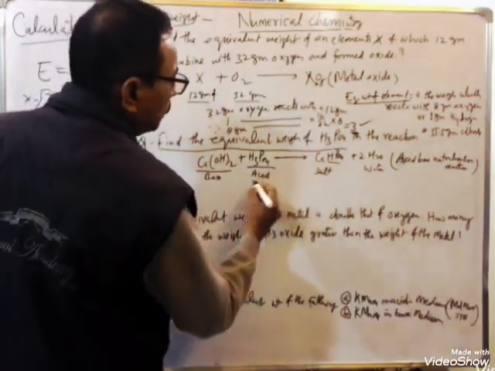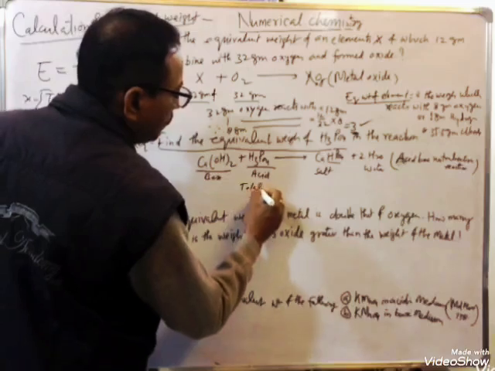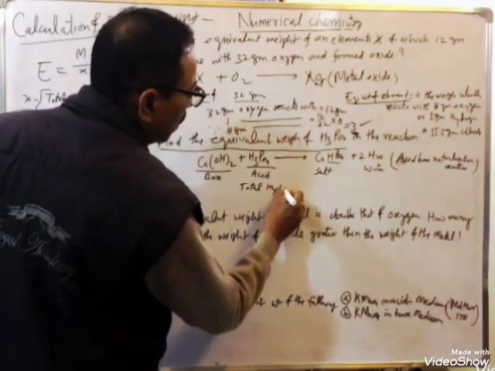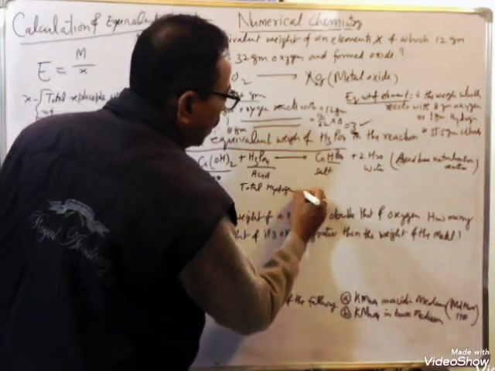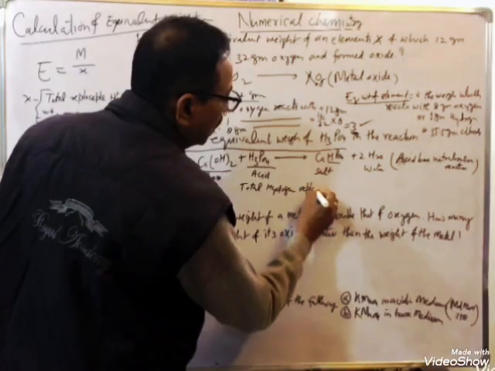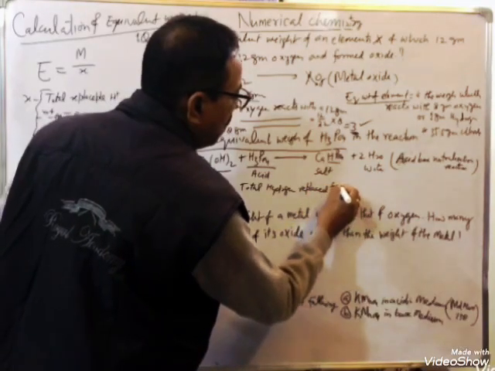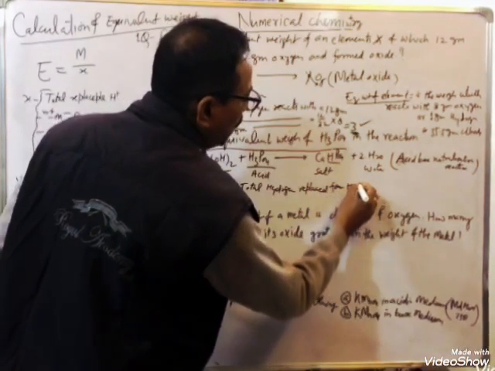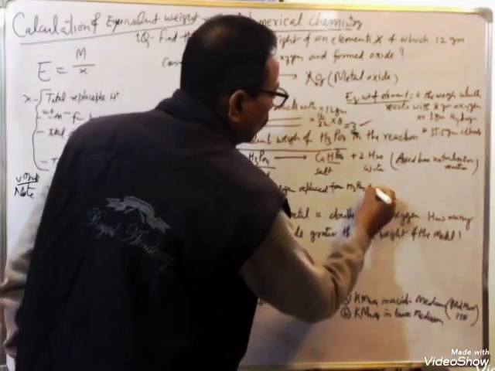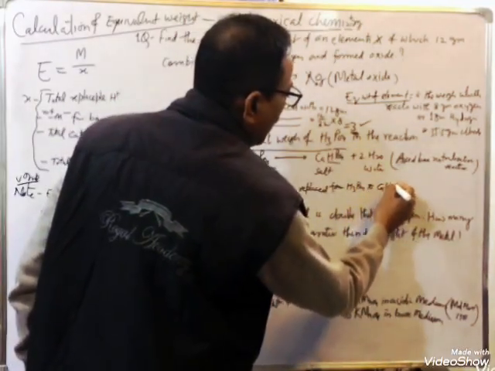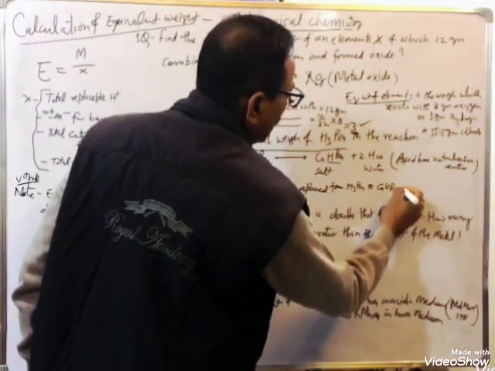So the total hydrogen replaced from orthophosphoric acid to calcium biphosphate is 2.